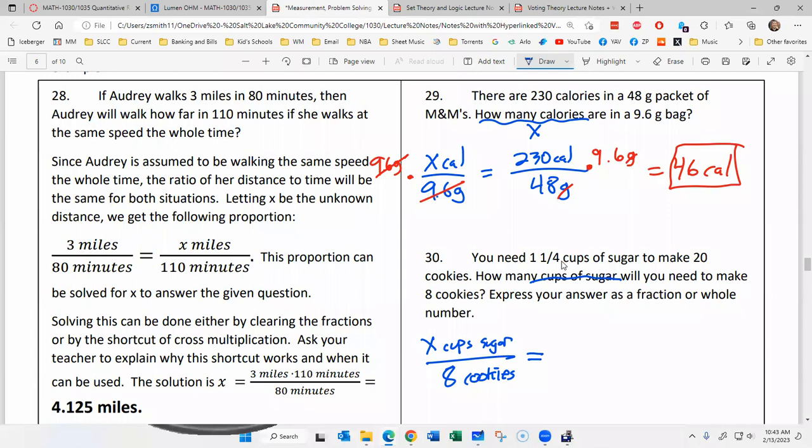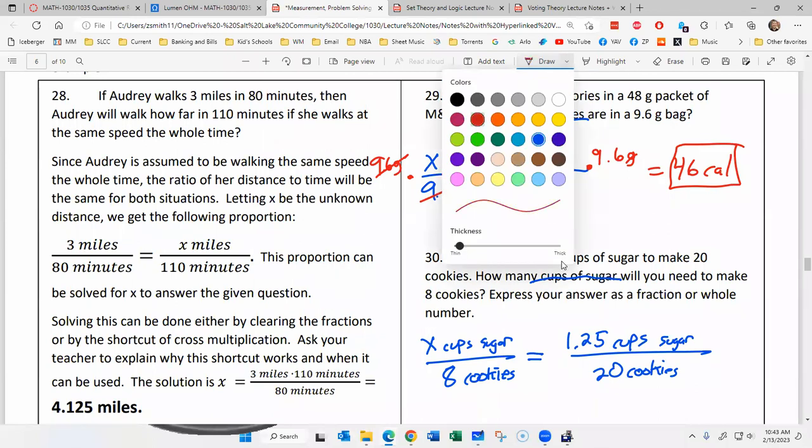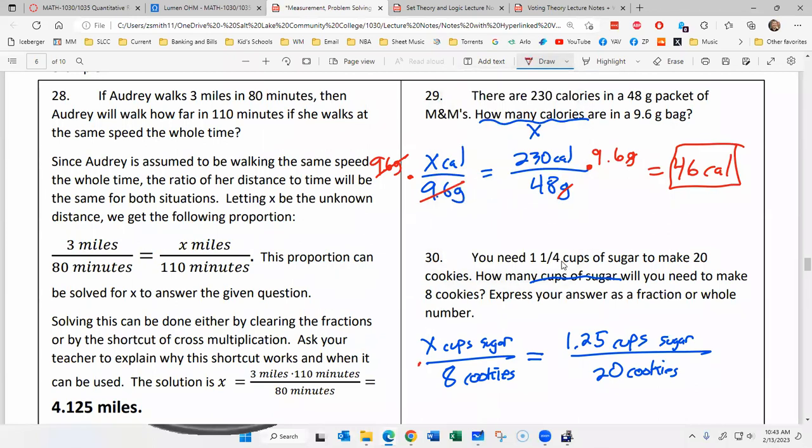You need 1 1/4 cups. So I'm going to go with 1.25 for 20 cookies. But if you know your tools, you can do a 1 1/4. There's a fraction, a mixed number button, and everything else. All right, so again, to solve for X, we just need to multiply by the denominator, 8 cookies, both sides.